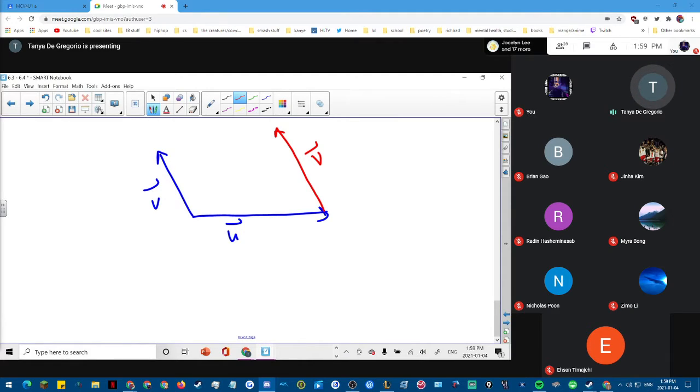And so now my resultant is this. And now here's my angle theta. So here you would say angle theta is from U, but towards V.